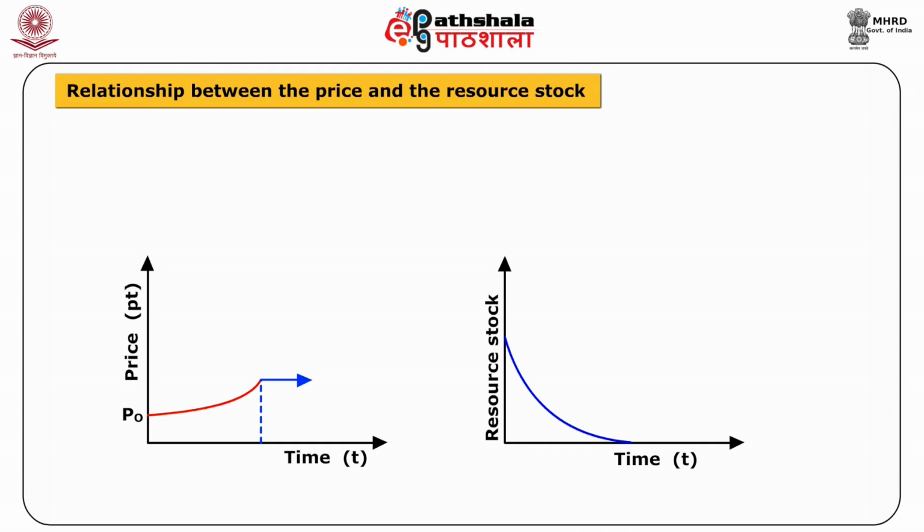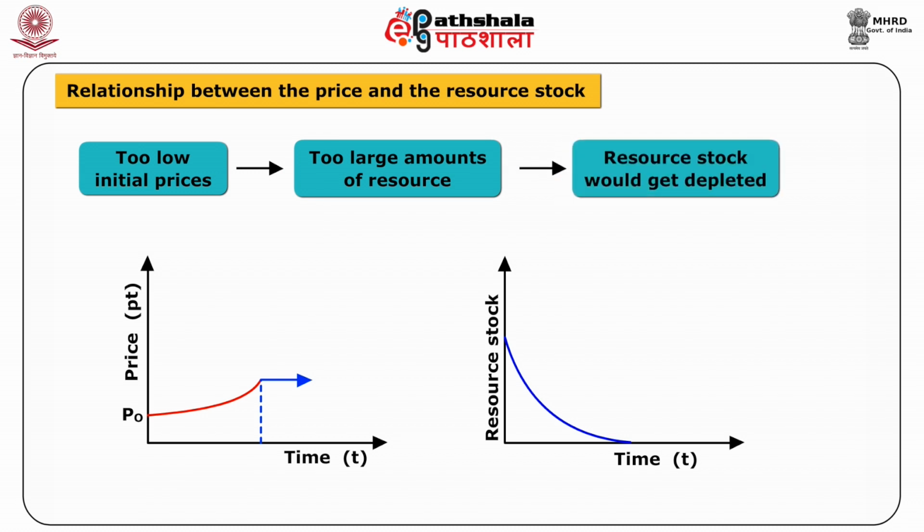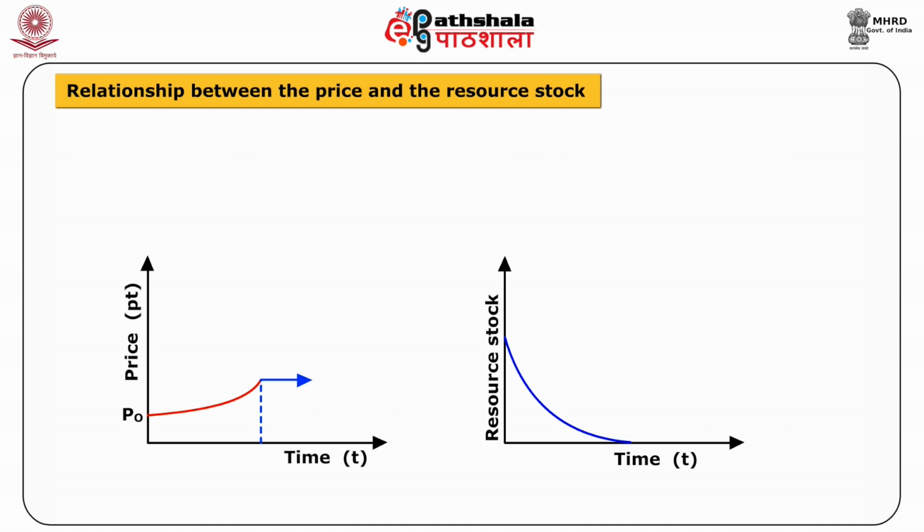It is important to note that the rate at which the exhaustible resource is extracted depends upon its price. Given is the initial resource stock and the information that the resource stock must converge to zero when the economy approaches the end of the planning horizon. Too low initial prices would lead to too large amounts of resource use in each period, and all the resource stock would get depleted before the end of the planning horizon.